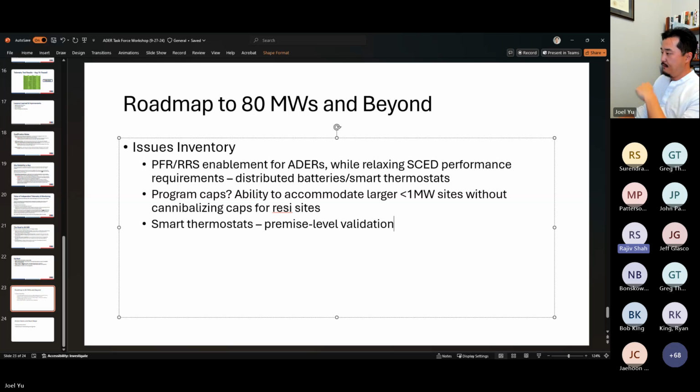So finding some way around that, whether it is what we suggested, moving SMT to ERCOT, or creating an exemption for ADER participants and ESIDs registered in ADERs to get that smart meter data, would go a long way to our ability to start scaling our aggregation on the basis of the smart thermostats we'd like to include.